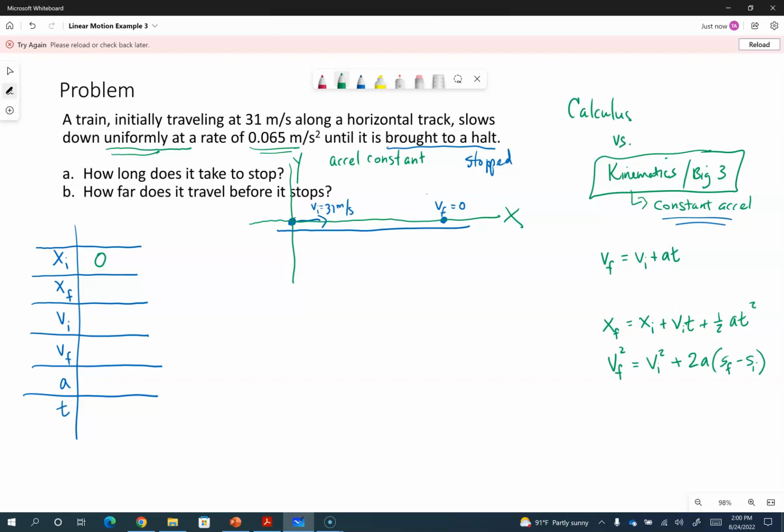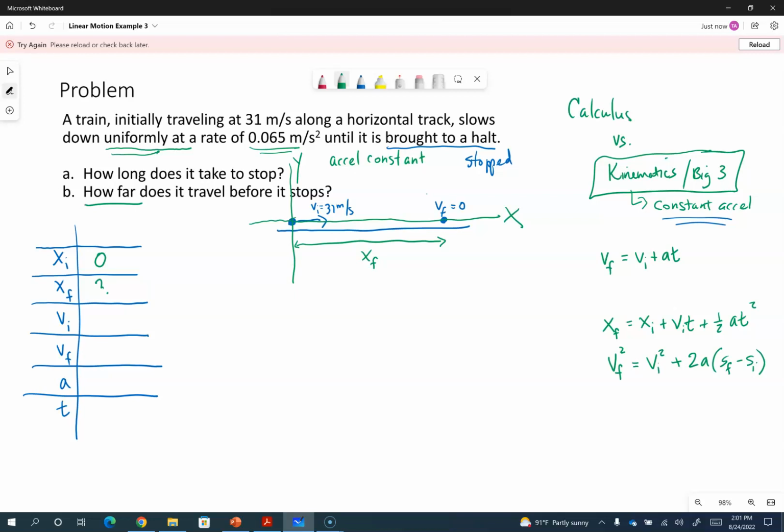X final would mean this distance to the right the train has moved during the time it is slowing down. It comes to a stop. We're told that in the problem. So X final, we actually don't know that. That's one of the questions it is asking. Part B is asking for that. So this is unknown. Put a little question mark in there at the moment.